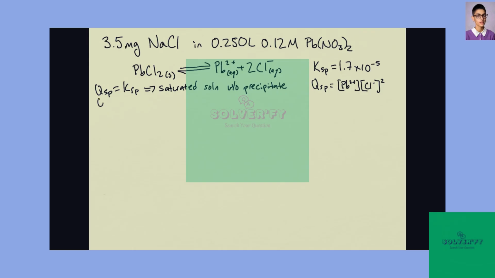If the Qsp is greater than the Ksp, we have a saturated solution with a precipitate. And if the Qsp is less than the Ksp, we have an unsaturated solution, which means we have no precipitate.